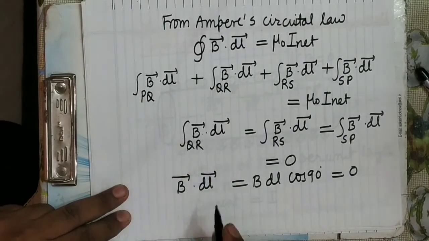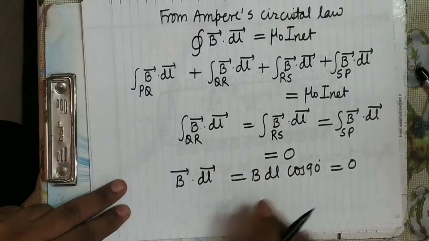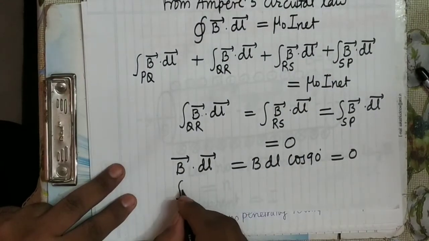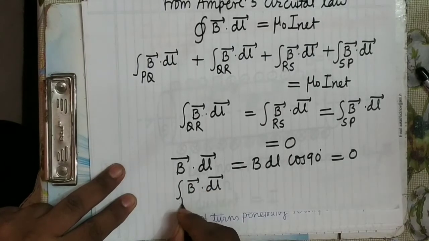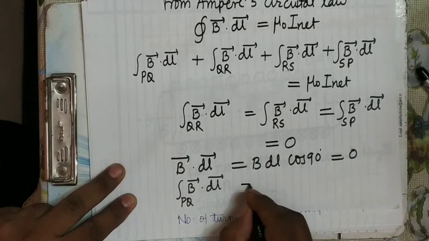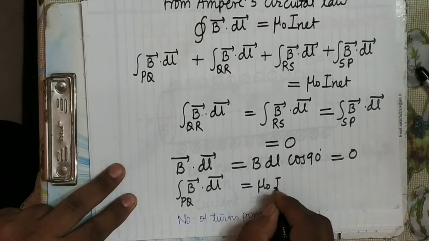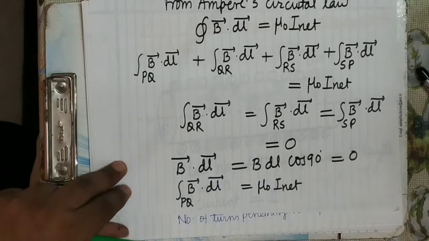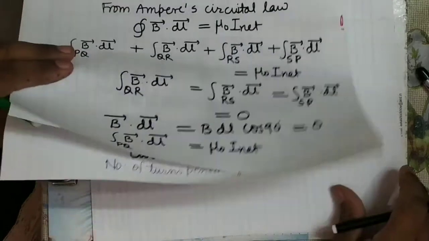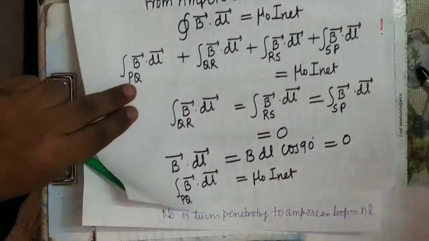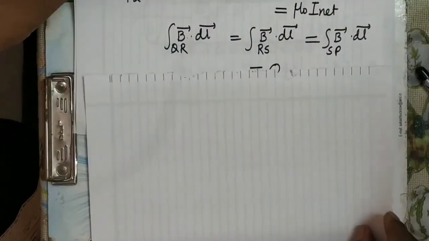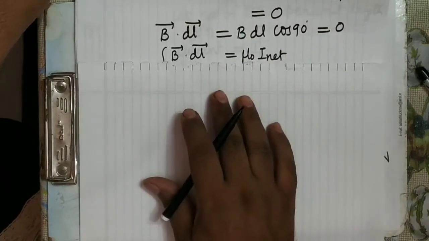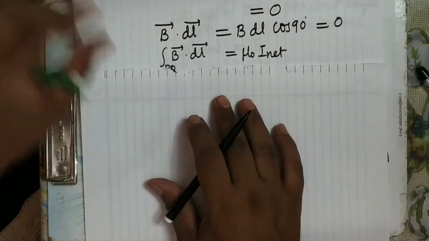It is clear. So when these become 0, you can see here vector B dot vector dl over PQ is equal to mu naught into I net. Now I am solving it further. Here it is vector B dot vector dl.